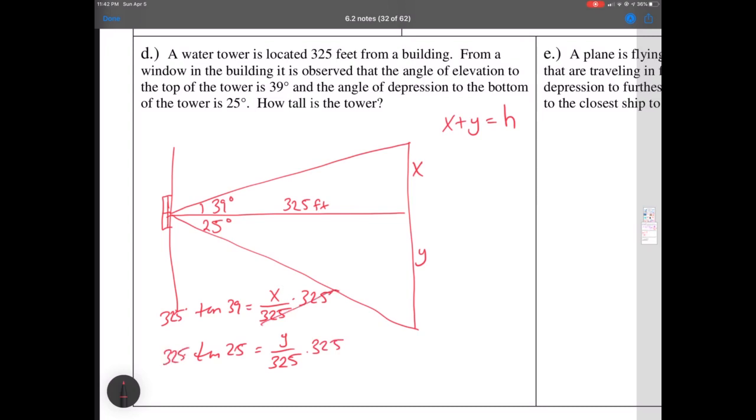So 325 tangent of 39 is 263.180, and 325 tangent of 25 is 151.550. We'll add those two together, and our height is 414.73 feet.